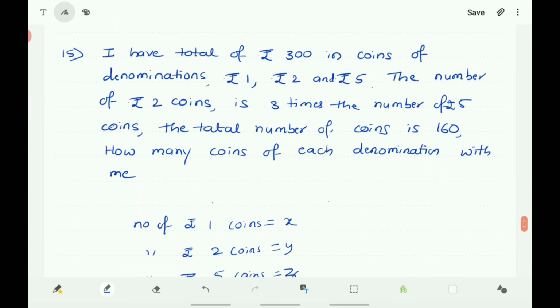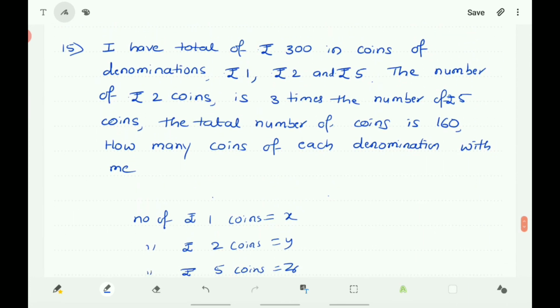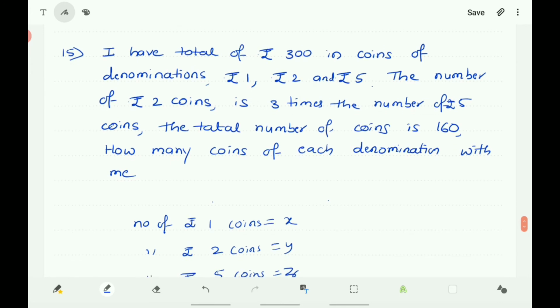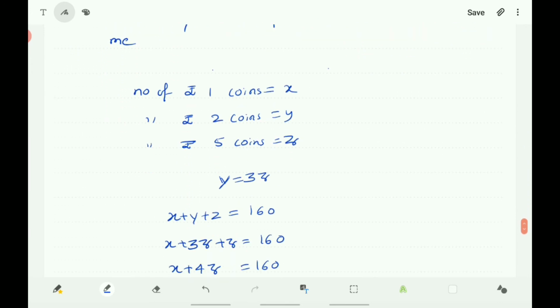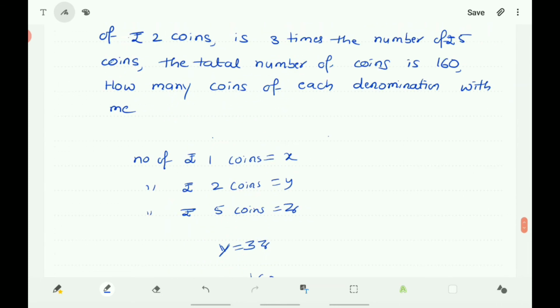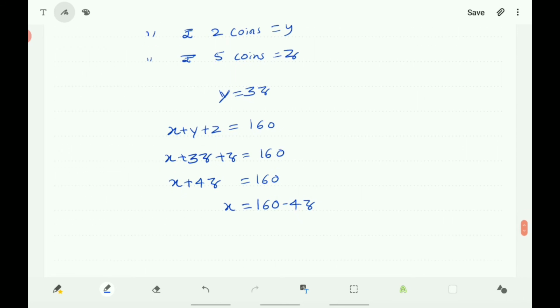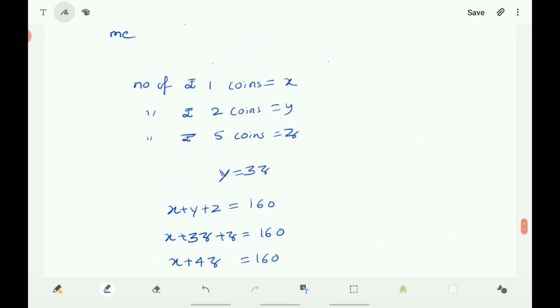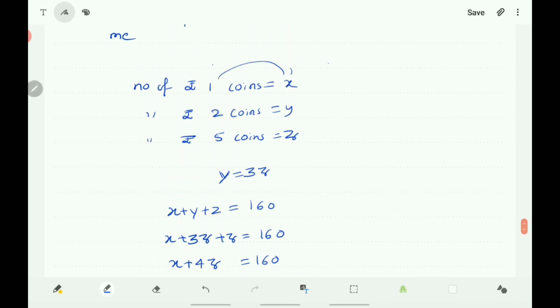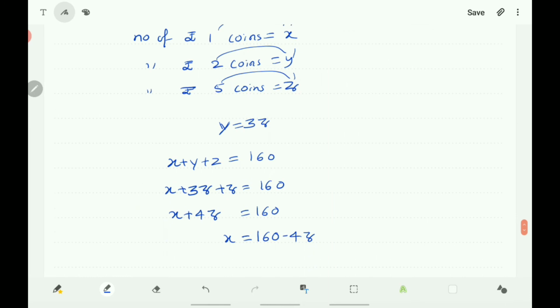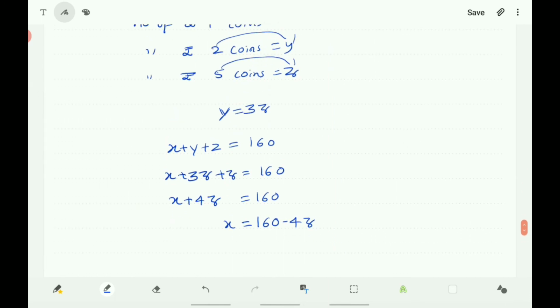Here what you have to find out? You have to find out the number of coins of each denomination, and I have a total of rupees 300. Here total amount is rupees 300. So here let us take 1 into x plus 2 into y plus 5 into z is equals to what? 300.